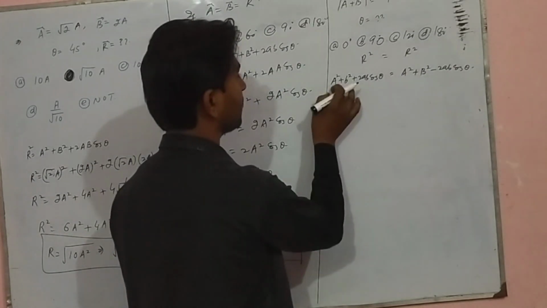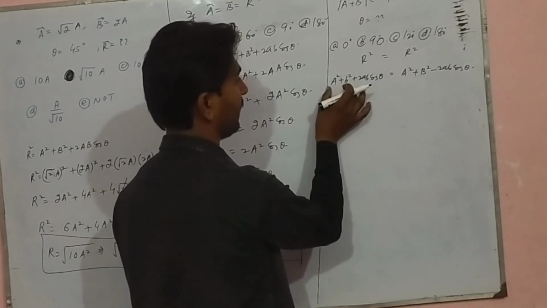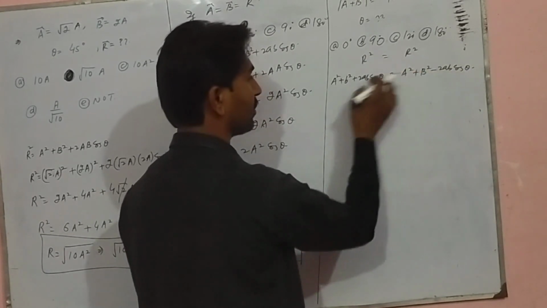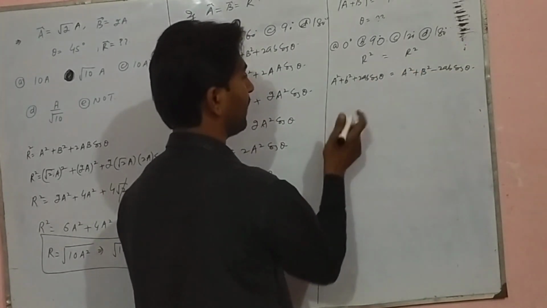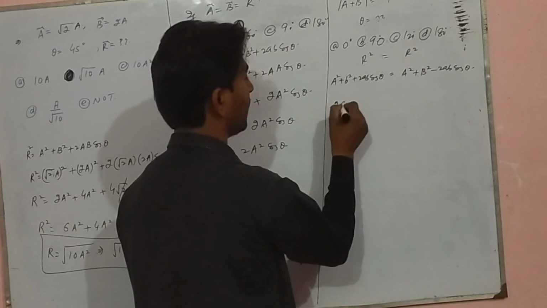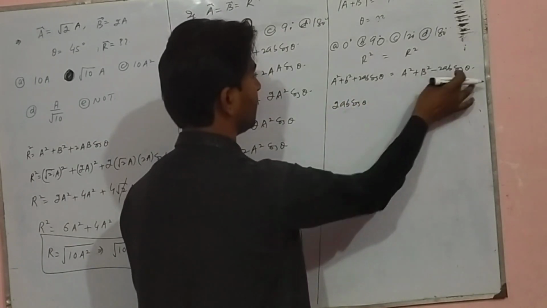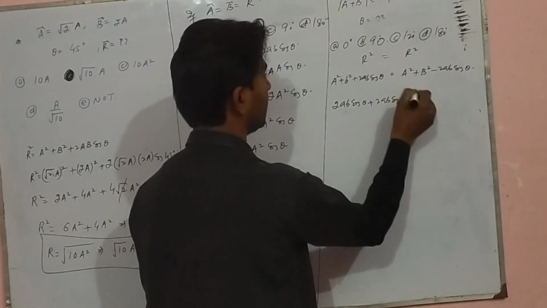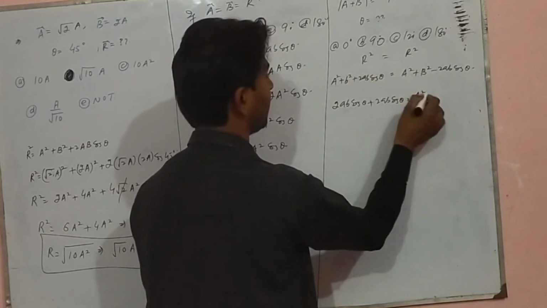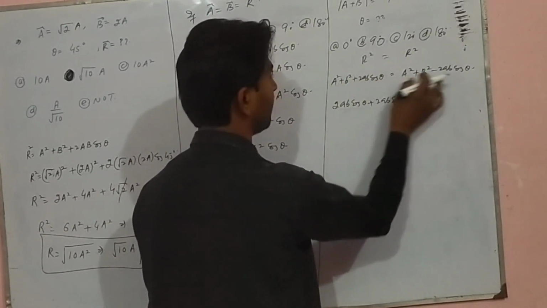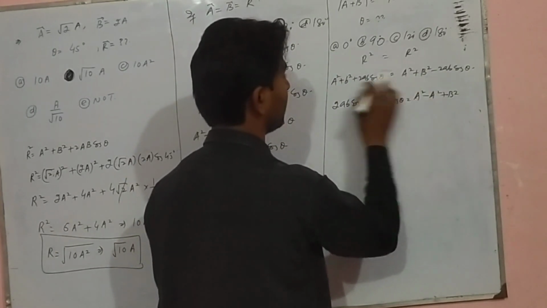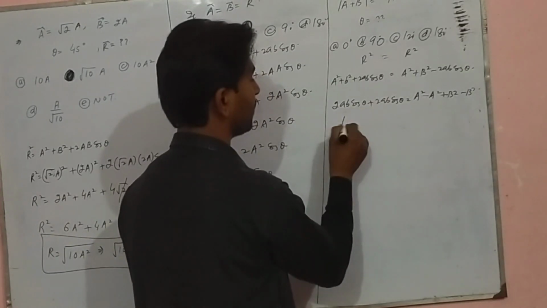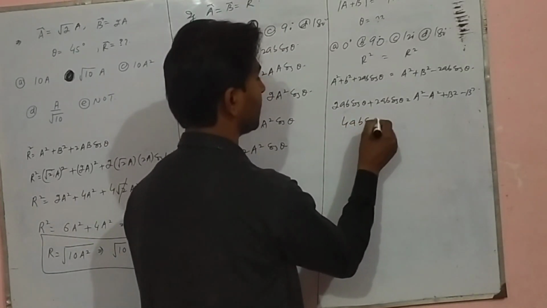Okay, so a square plus b square are added on this side and subtracted on that side, and the 2ab cos theta terms are added, so we get 2ab cos theta on both sides.